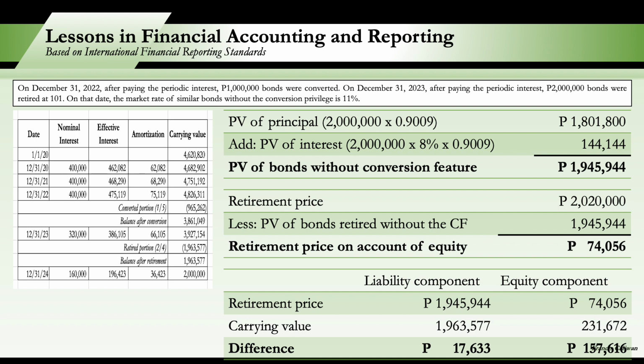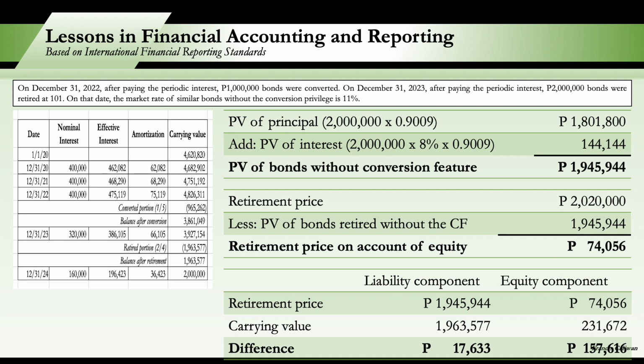Next, the retirement price on account of equity is 74,056 but the balance of the equity is 231,672. Saan galing yan? That is the 40%, 2 over 5, 40% of the beginning balance of equity.